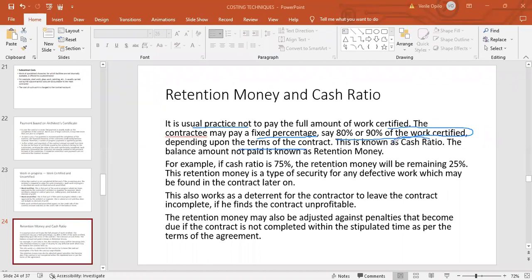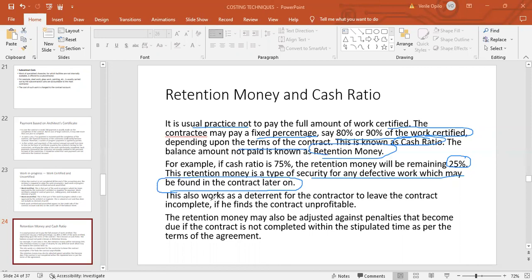This is known as the cash ratio, and the balance amount that is not paid is known as the retention money. For example, if the cash ratio is 75%, the retention money will be 25%.